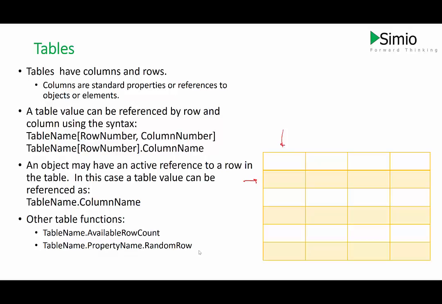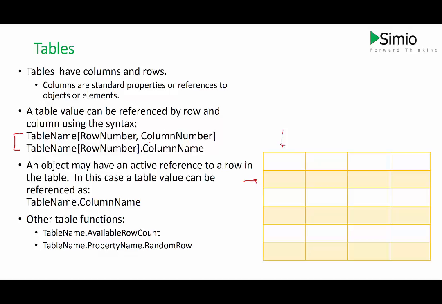There are two primary mechanisms to access data in a Simio table. There's a direct access, which includes two different syntaxes. One is just the table name with, in brackets, row number, comma, column number, and also table name, bracket, row number, dot, column name.